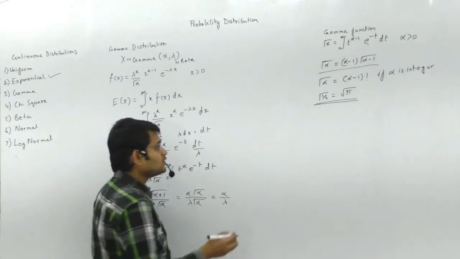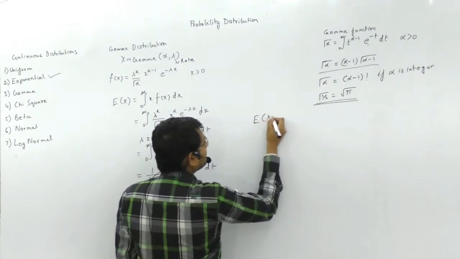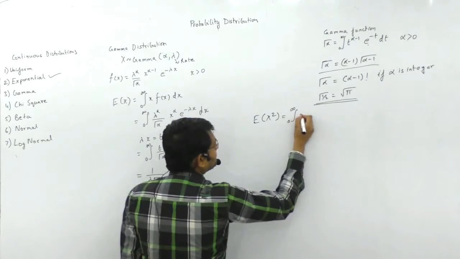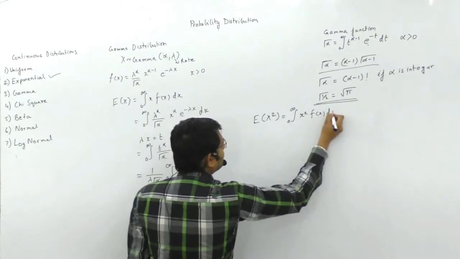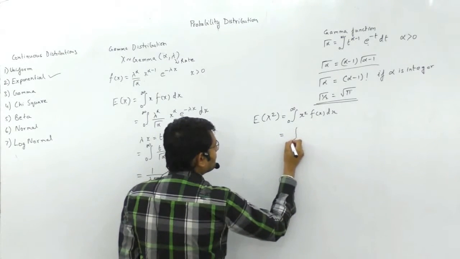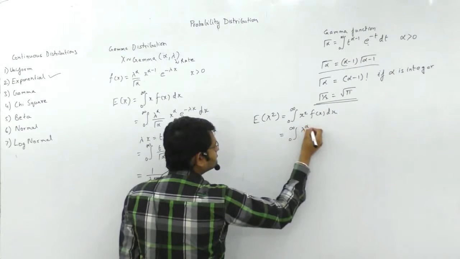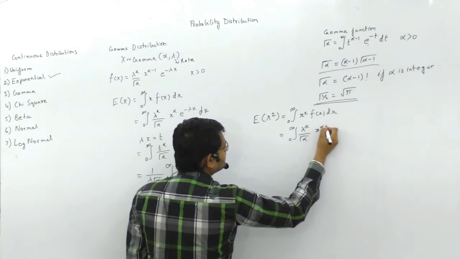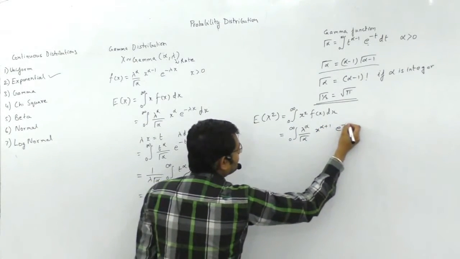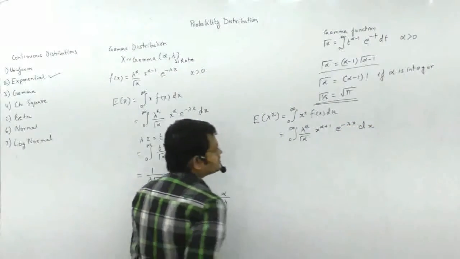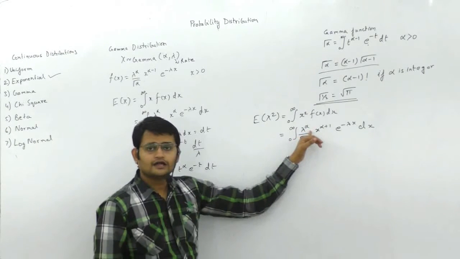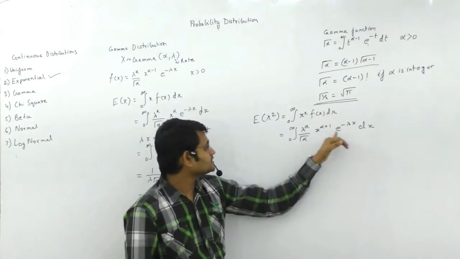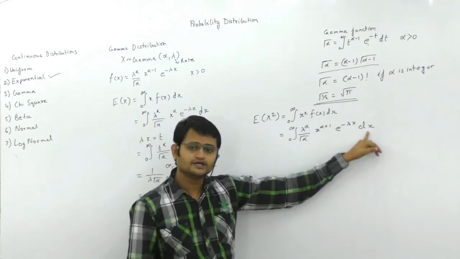Let's find expected value of x square. So here we are getting lambda raised to alpha upon gamma of alpha x raised to alpha plus 1 e raised to minus lambda x dx, right?